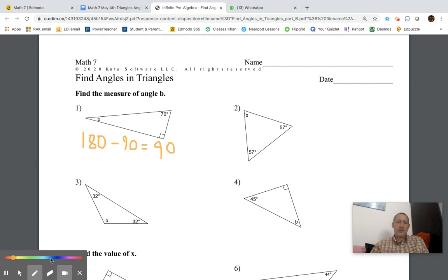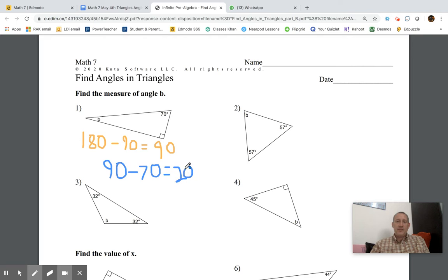You don't have to do it step by step like I'm doing, but it's good practice to do it if you want to. That would be a good thing to do, but make sure you show your work. And then 90 minus 70, that's the other angle, gives us 20.